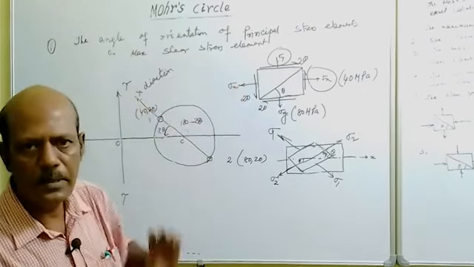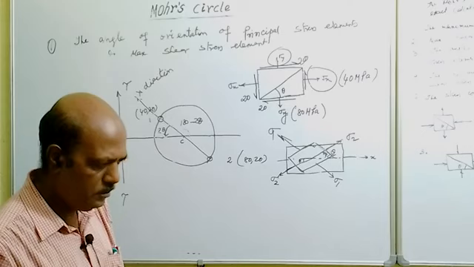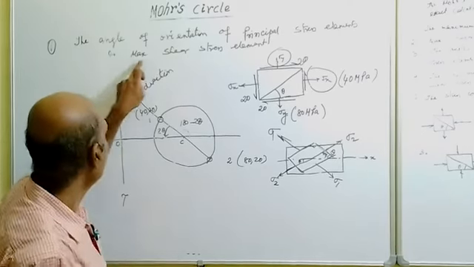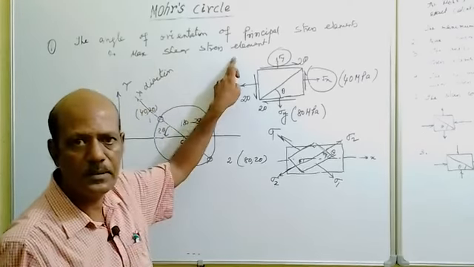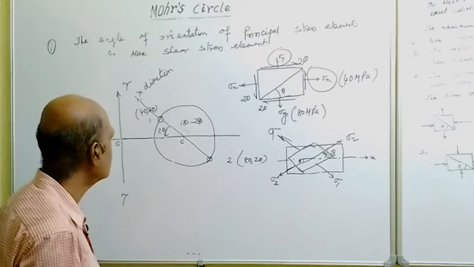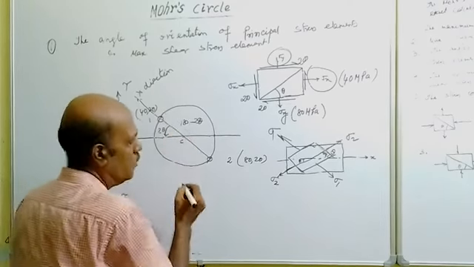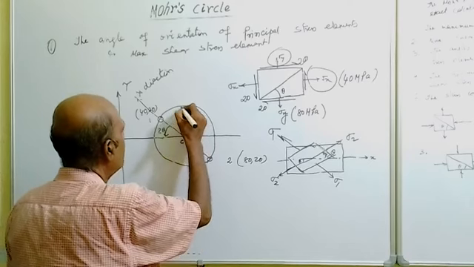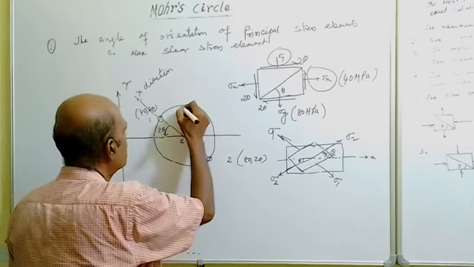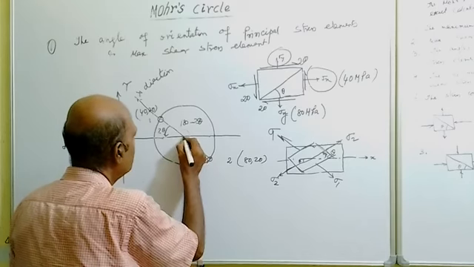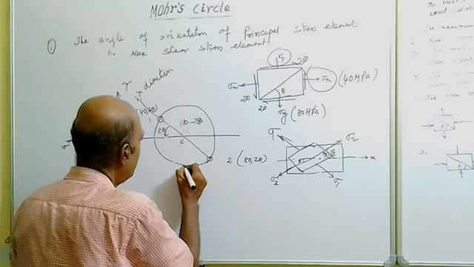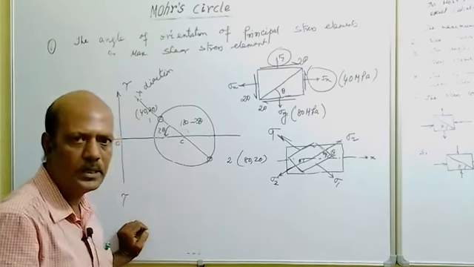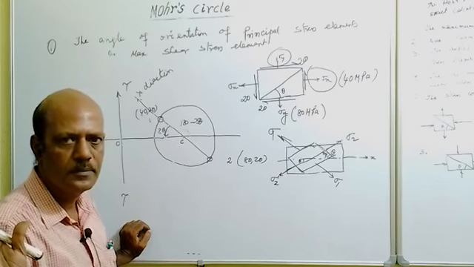So in this way we can find the major and minor principal stress elements. Now we want to find the maximum shear stress element. How to find the maximum shear stress element? We know the maximum shear stress will occur at the point just above or below the center of the Mohr circle.